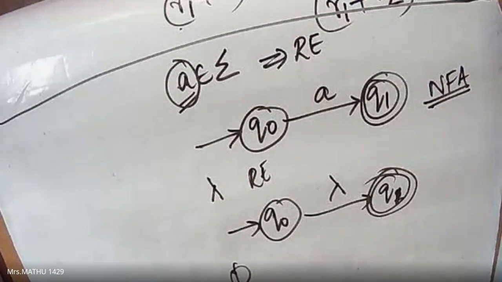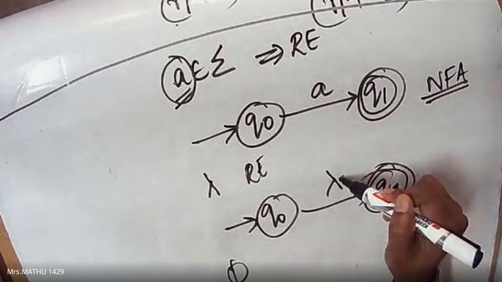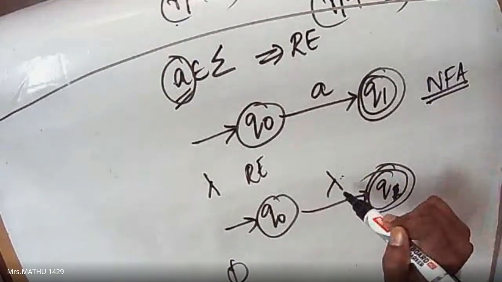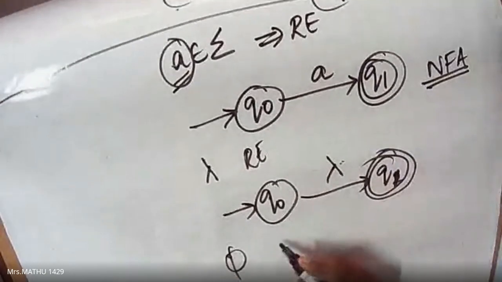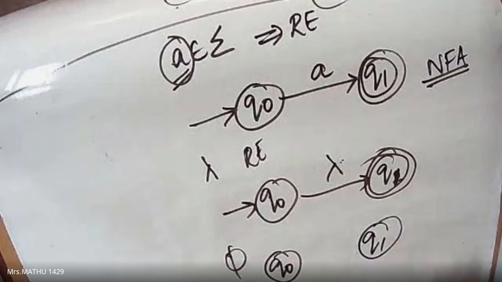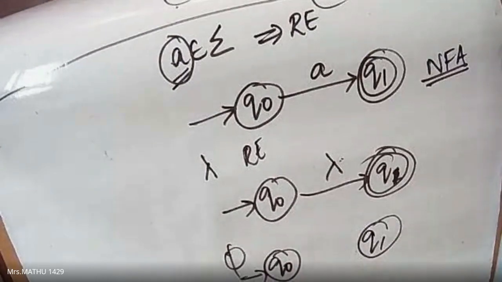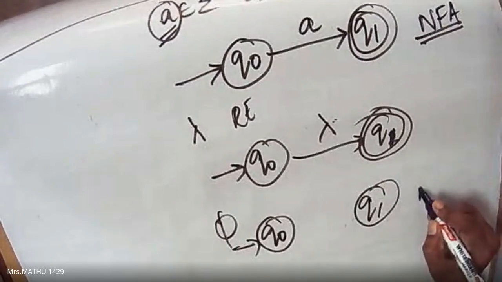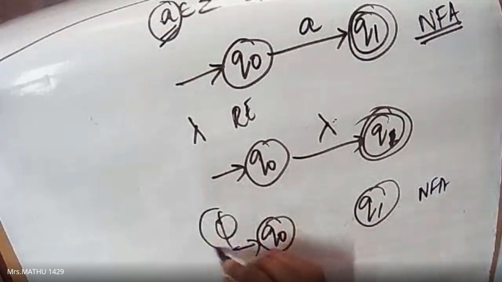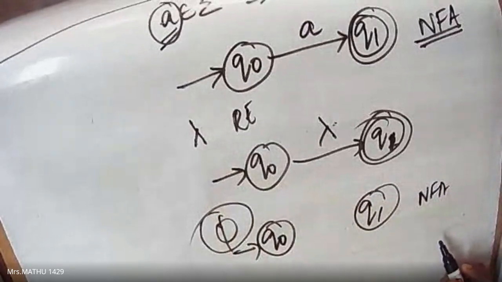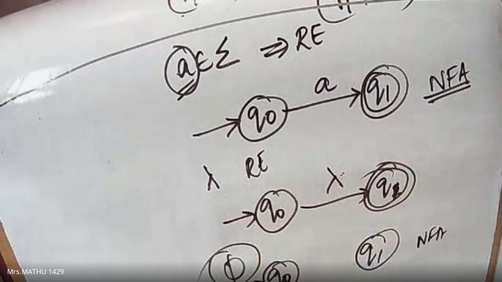For phi there is no connection at all. At least here there is an empty string, which is also considered an input symbol, but for phi there is no connection between the states. That is the basic representation of the NFA for the phi symbol, and this is for lambda. So this is for the primitive regular expressions.